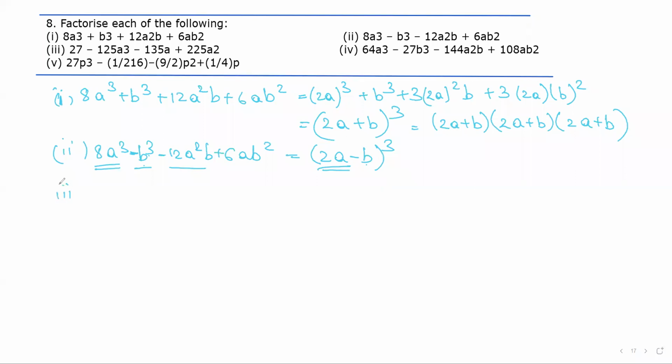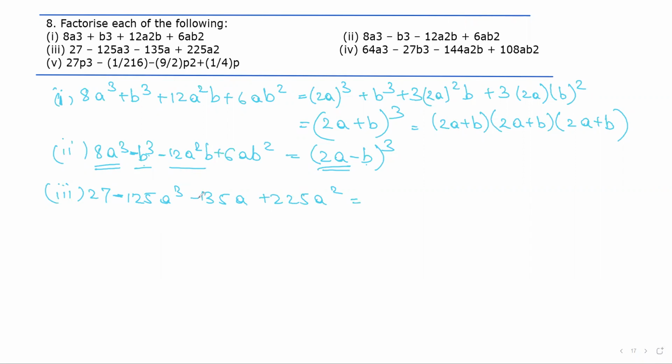Third, 27 minus 125a cube minus 135a plus 225a square. Let's rearrange it in the proper fashion. This is a cube, but you have a negative sign here, so let's write it in the fourth position.